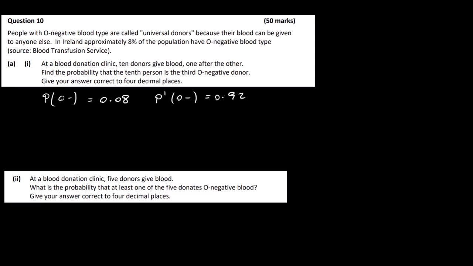Now, the extended version of this means that the 10th person is going to be O negative. That means we need, within the first 9 people, we need 2 people to be O negative. So we need to look at 9 choose 2. Probability of success is 0.08. We've got to raise that to the power of 2. This is the OR here.